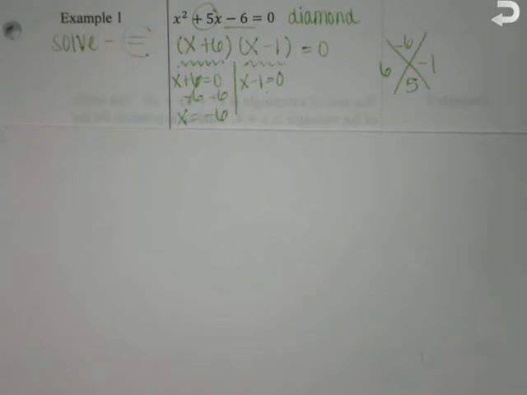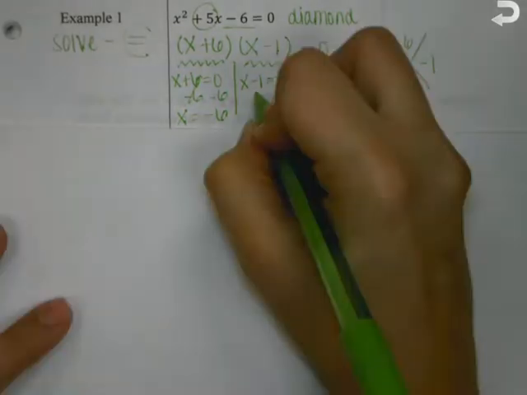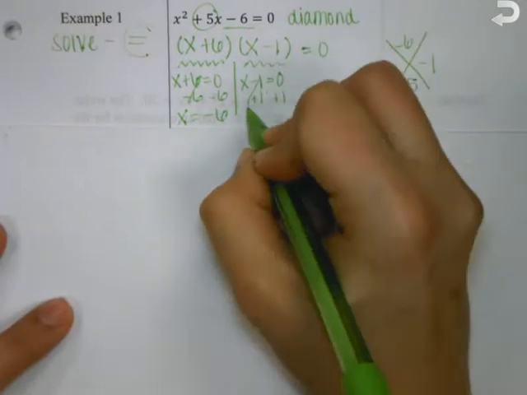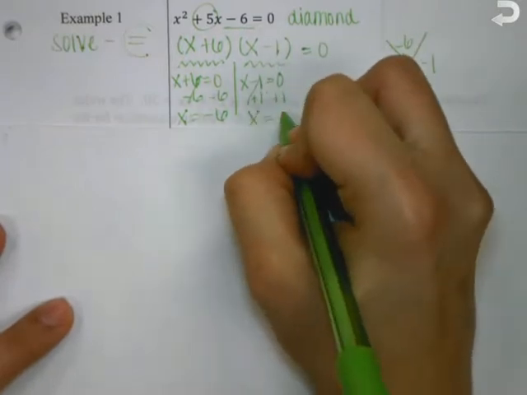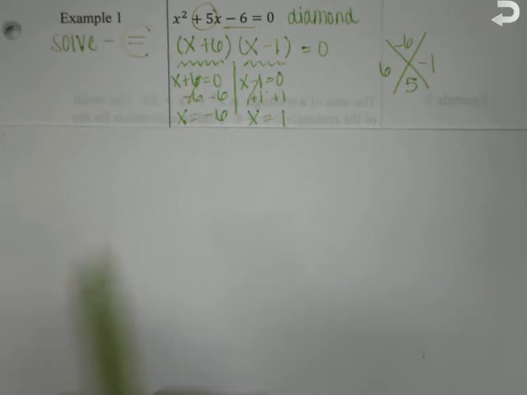Okay, what pair thinks they got it? Nate and Lizette. What did you get? x equals 1. So how'd you get x equals 1? Just add 1 to the negative 1. Very good. You add 1 to both sides, so we get x equals positive 1. Ladies and gentlemen, I have x equals negative 6 and x equals positive 1.